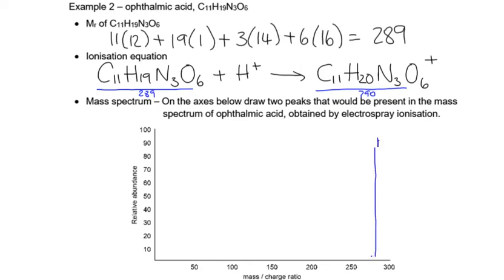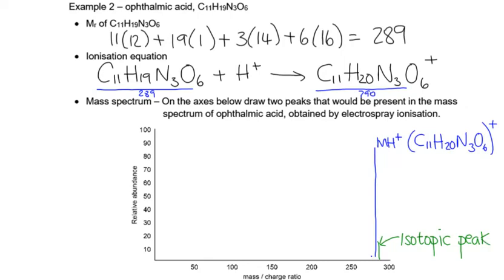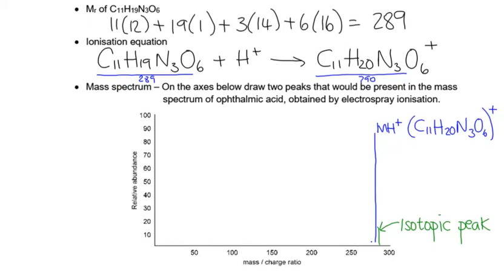This will be our MH plus, which in this case is C11H20N3O6 plus. But we might see a very small peak next door. That is our isotopic peak at 1 further on. And remember that neither of these is at the mass of the actual molecule, they're both more.